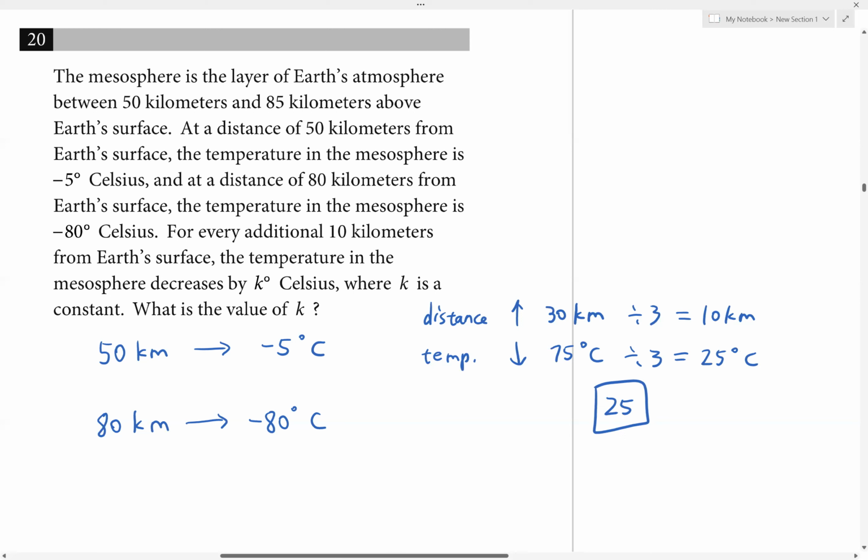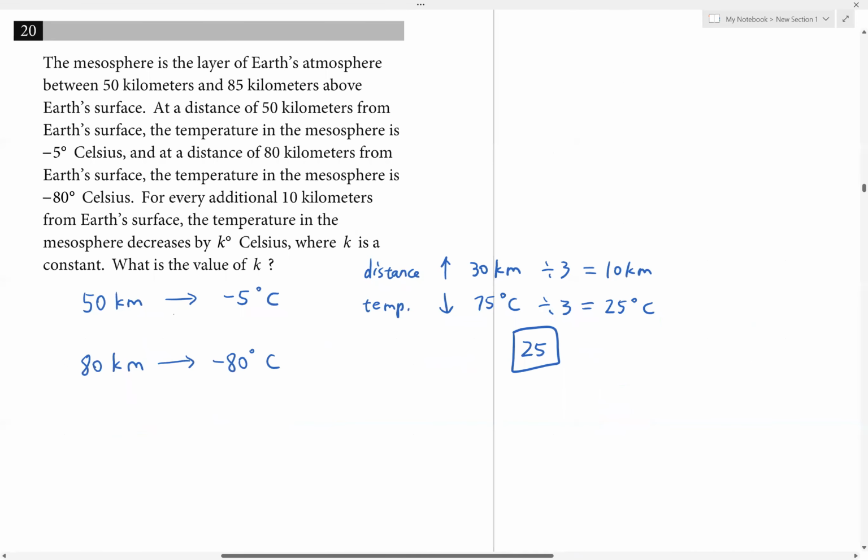Okay. Another approach for this question is we can treat the two data points that we have as two ordered pairs. So we can say one is (50, -5), and another point is (80, -80). And here we can solve for the slope, because we want to know how fast something changes. That's the rate of change.